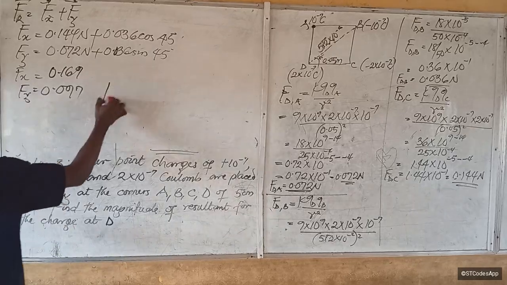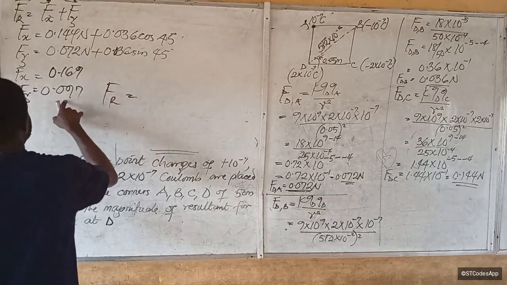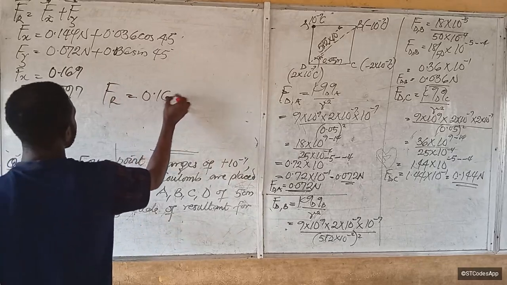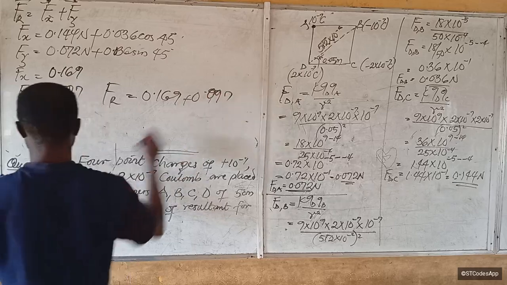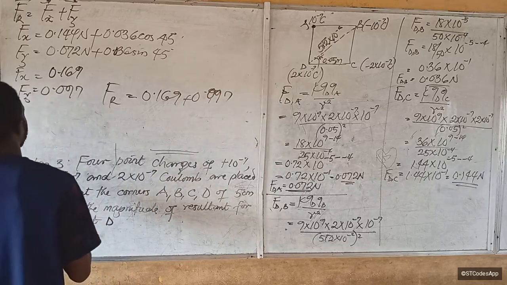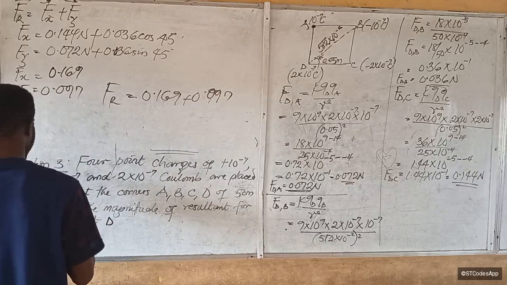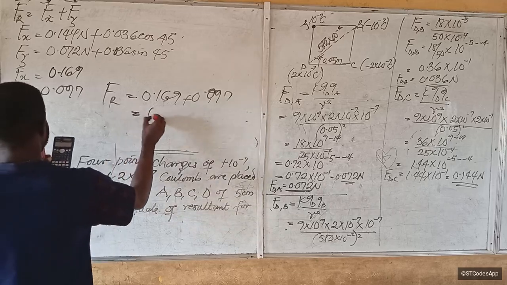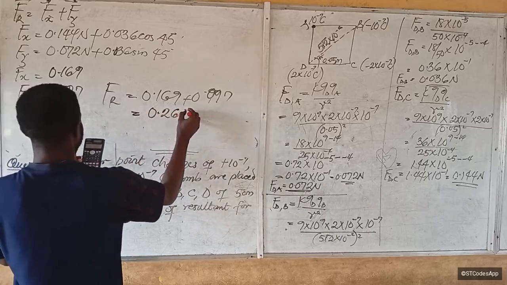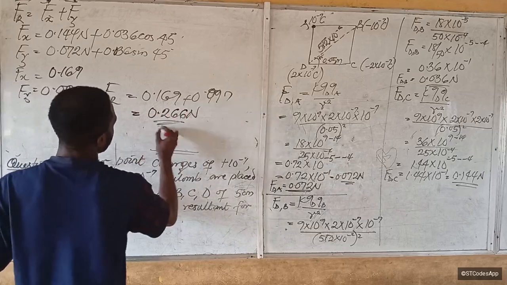So our F sub r will be equal to 0.169 plus 0.097. This becomes 0.266 Newton.